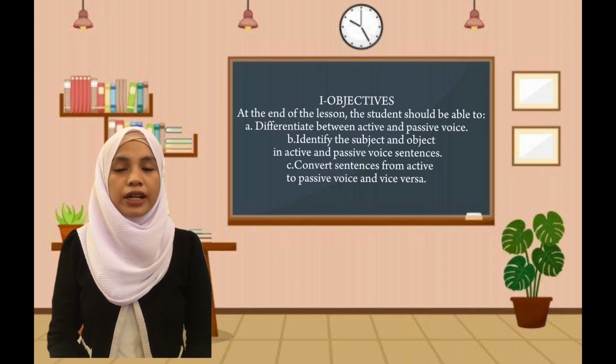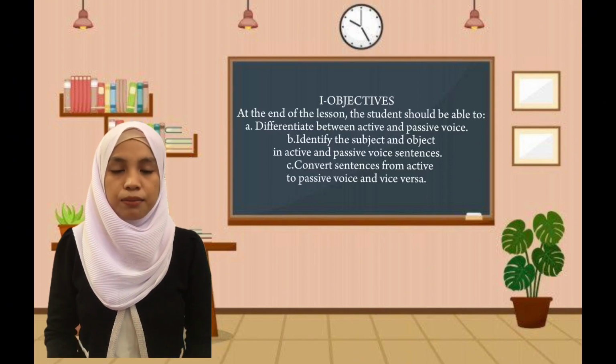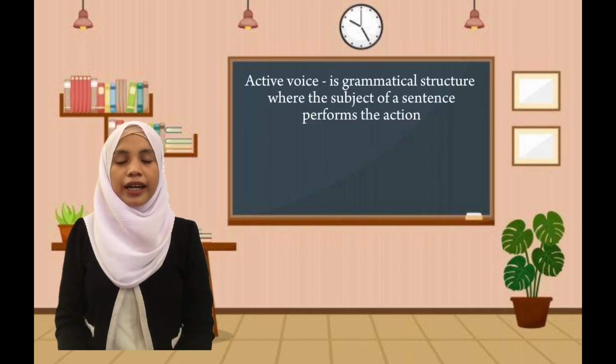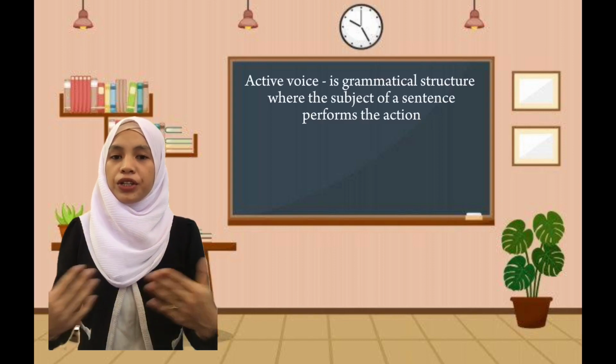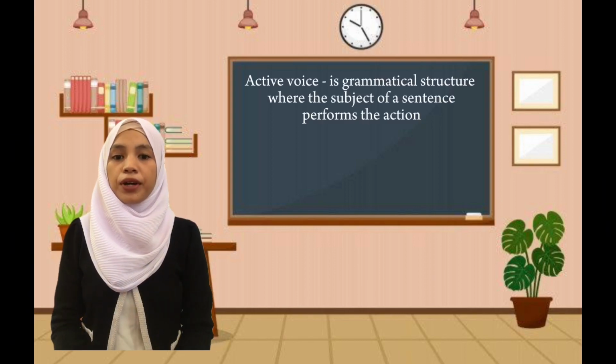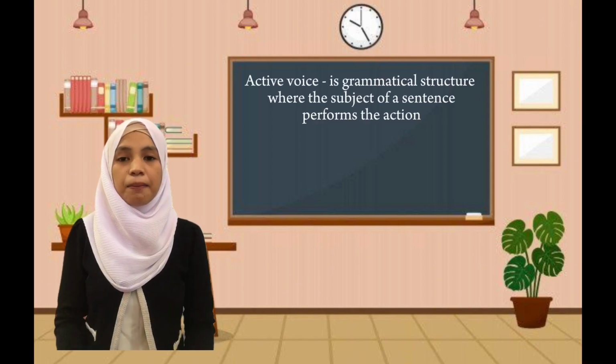The last one is, convert sentences from active to passive voice and vice versa. Our topic for today is about active voice and passive voice. When you hear active voice and passive voice, what comes to your mind? Do you have any idea about them?